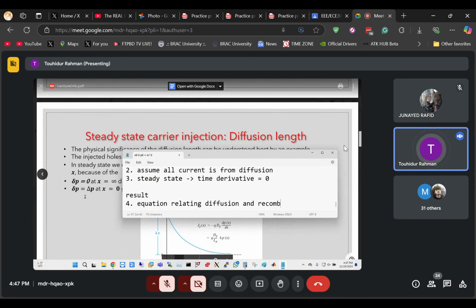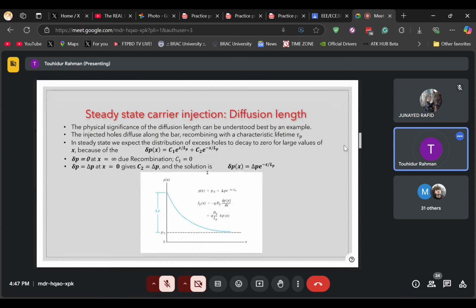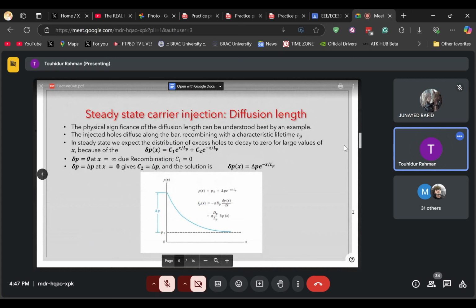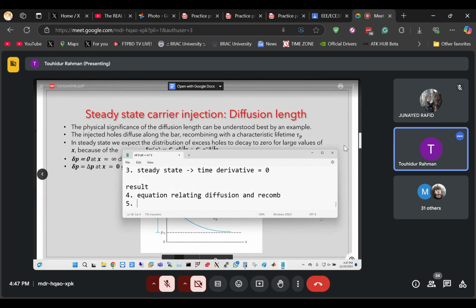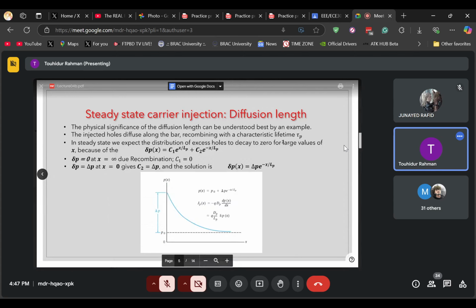And once we have the differential equation, we should be able to solve it applying boundary condition. Let me do it anyway. Okay, all right. So this is our final solution.